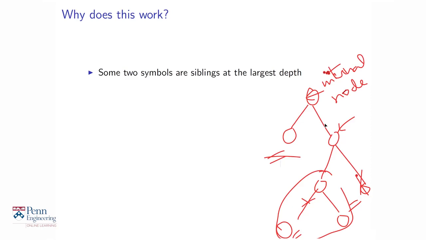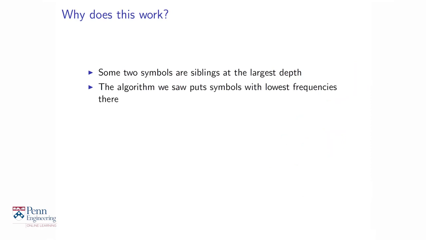Now, if you think about a binary tree where every internal node has two children, there have got to be two leaves that hang off at the deepest level. At the deepest level, there must be at least two leaves that both have the same parent. So we argued that every internal node must have two children. So in fact, at the very bottom of the tree, there must be an internal node which has two children which are both leaves.